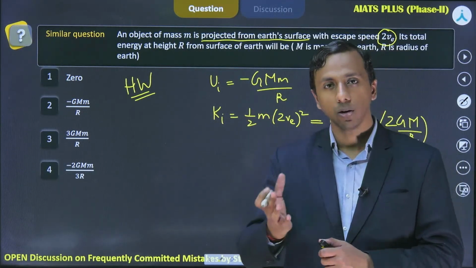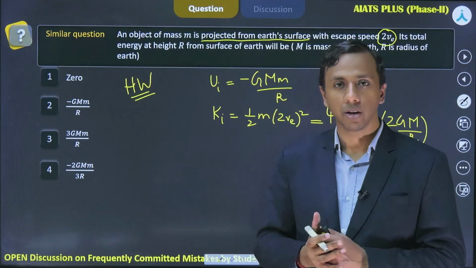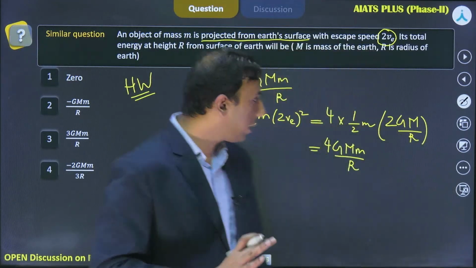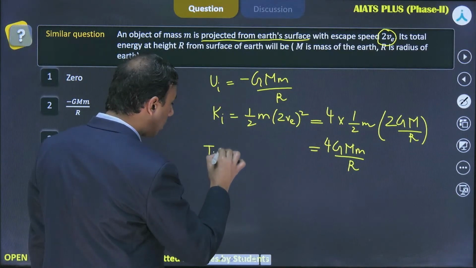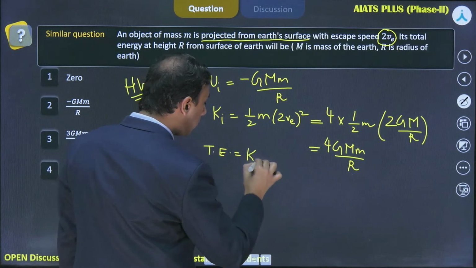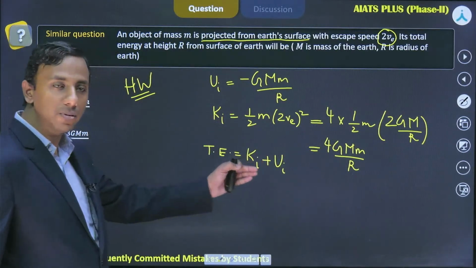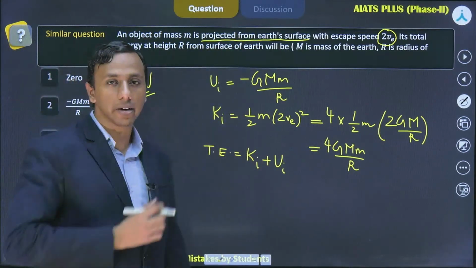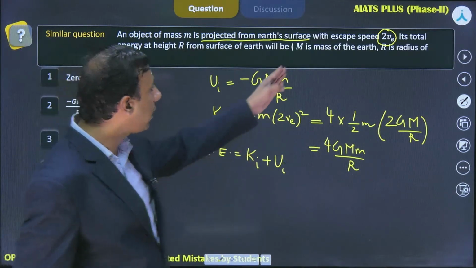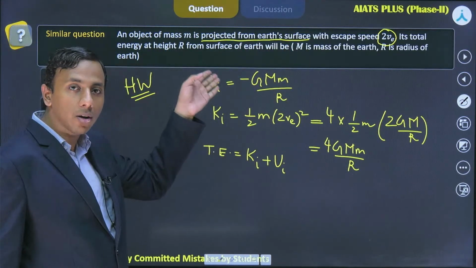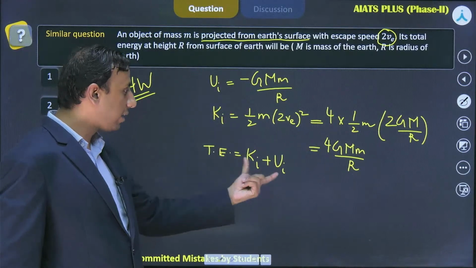If there is no dissipative force, the energy is not going to be lost, energy will be conserved. So initially you have to find the total energy, which is initial kinetic energy plus initial potential energy, add them up, and that becomes the final total energy at whatever height. So that will be the total energy at height R or 2R or 3R or 4R. So just find this value.